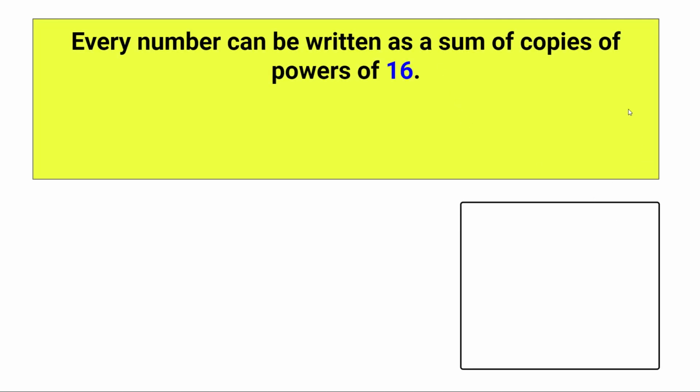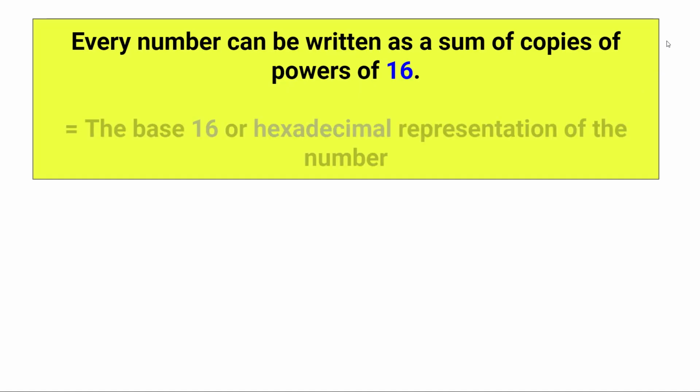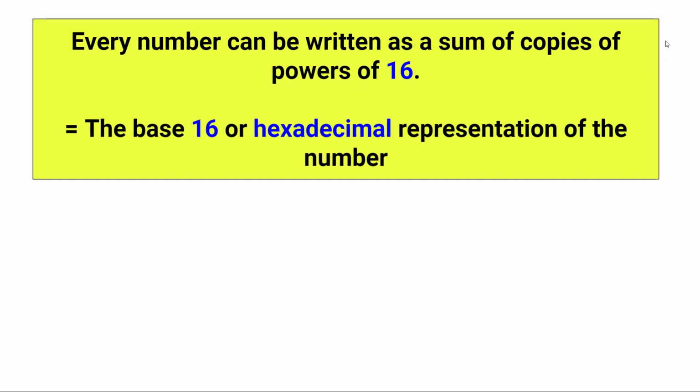Hexadecimal, or base 16, is the same idea as base 2, 8, or 10, except instead of writing an integer as a sum of copies of powers of 2, or 8, or 10, we write it as a sum of copies of powers of 16. Now this introduces something curious. In base 2, we use digits either 0 or 1 to represent the place values, and in octal, we use 0 through 7.